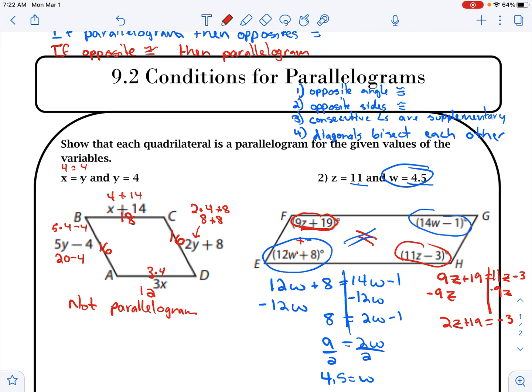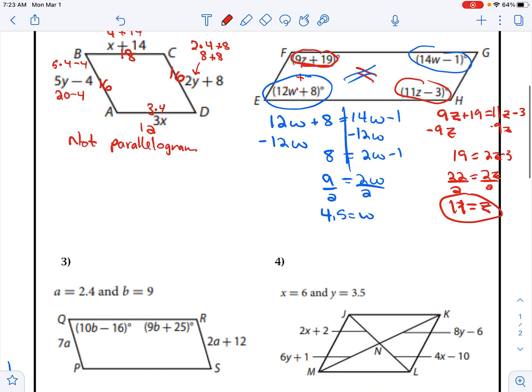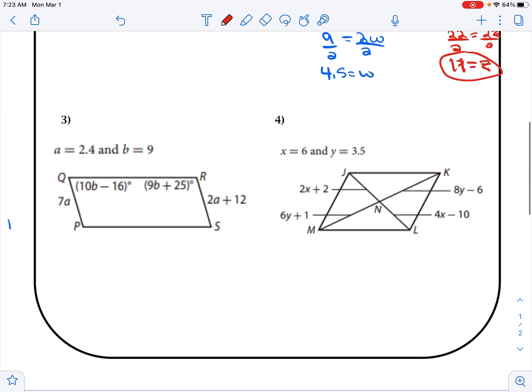So hold on, let me fix that real quick. So I should get here 19 equals 2z minus 3. Add the 3, get 22 equals 2z. Divide by 2. And so, hey, 11 equals z. That's the way it should be. So we can say, yep, that's a parallelogram. Those opposite angles are congruent.